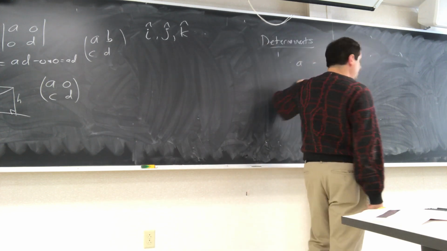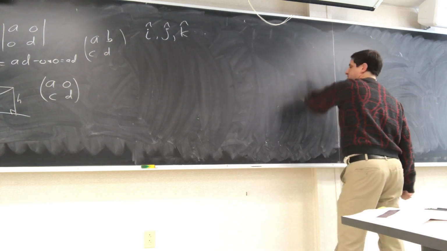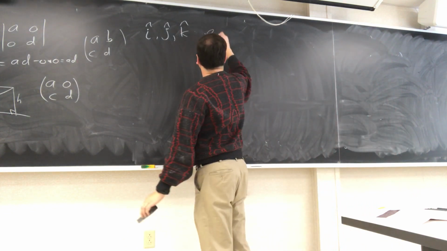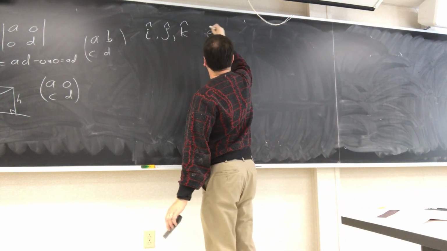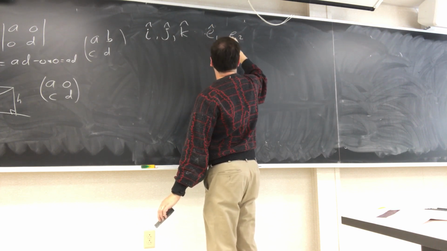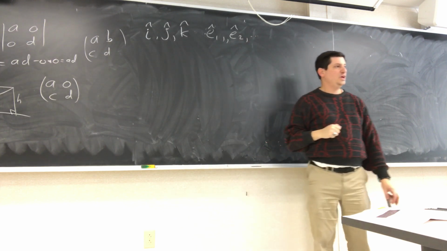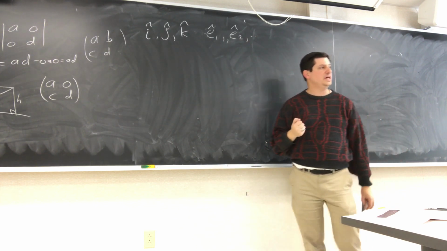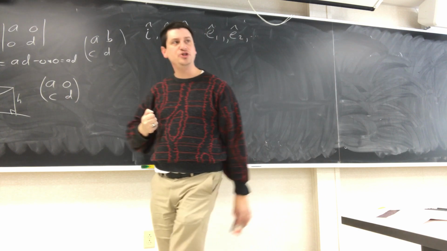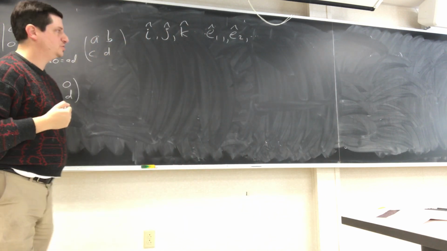How are you going to do all the letters? So sometimes instead we use e1, e2, and so on and so on. Sometimes we use a hat to denote that something has unit length. So you can just quickly look at it and have a sense of what's going on.